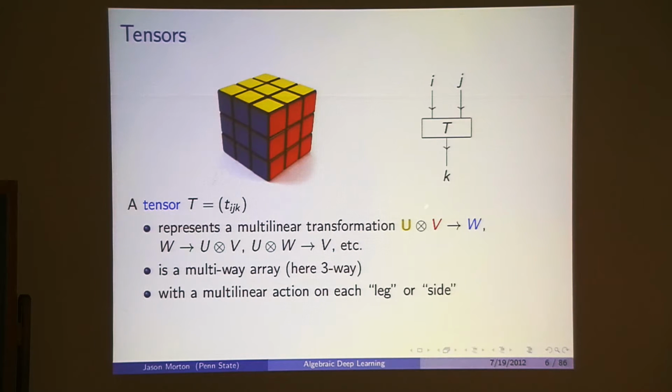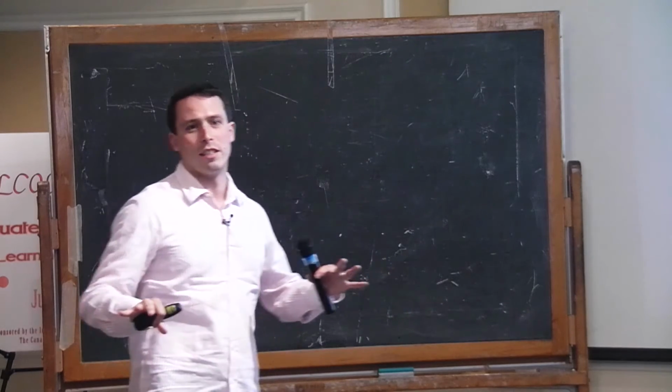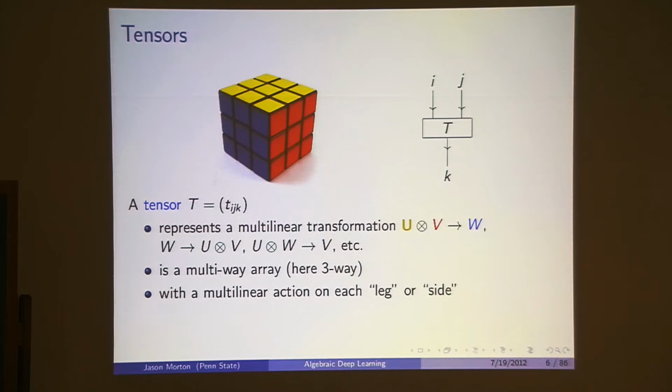I can think about it as a multilinear transformation from the tensor product of 2 vector spaces, like these 2 vector spaces, to the third vector space, W. Or I can make any other grouping I want, from W to U tensor V, from U tensor W to V, et cetera. So it's a multilinear transformation. It's linear once I partition it into 2 pieces. And it's a multi-way array, so it's represented as some multi-dimensional array. Here, the multi is equal to 3.